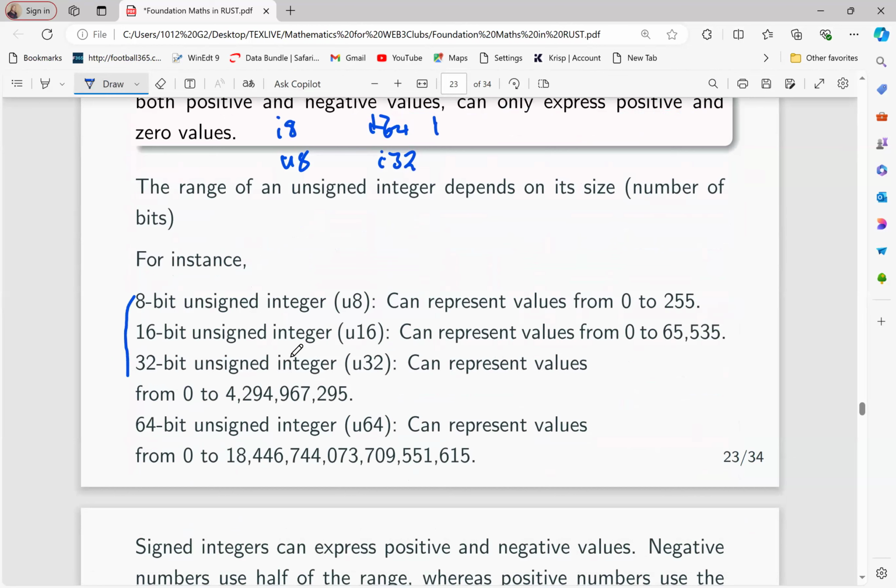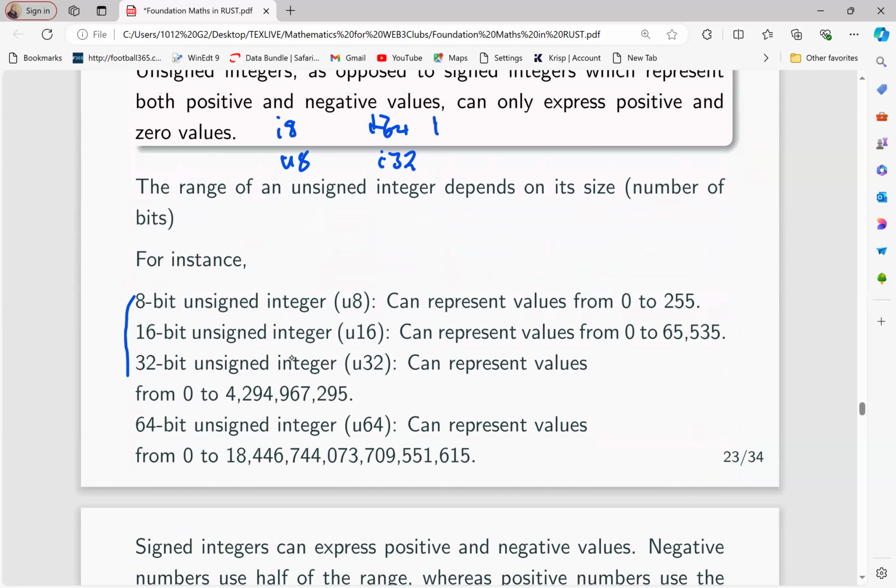8 bits, I said 8-bit means 2 raised to 8 minus 1, which is 255. So when you talk of u8, then it means the numbers are ranging from 0 to 255, because 8-bit is this.